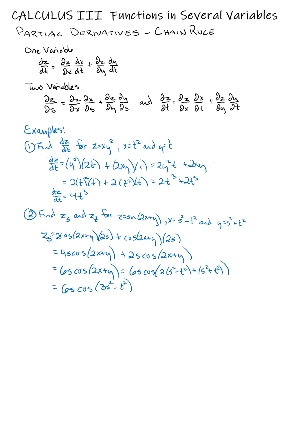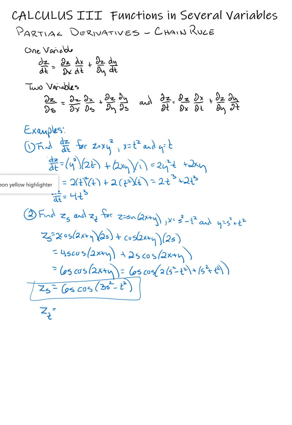Combine those like terms, distribute the two, combine like terms, and there you go. There is the partial of z with respect to s.